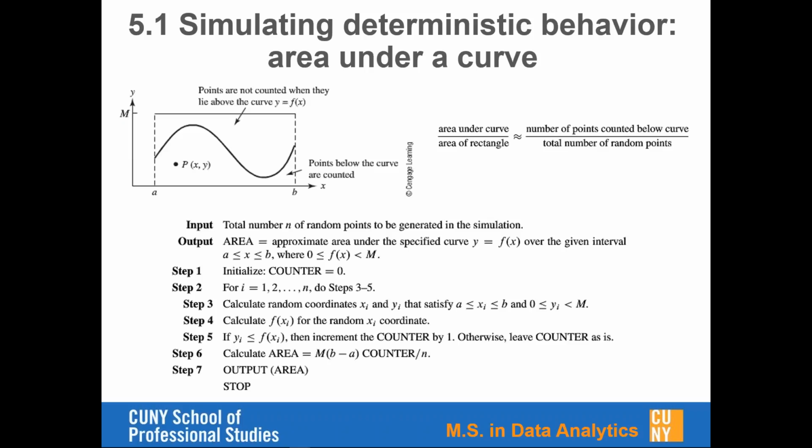That's the area of this square, and then you use your counter divided by n, times n times (b minus a), is really the area that you're trying to calculate. That's one of the examples.